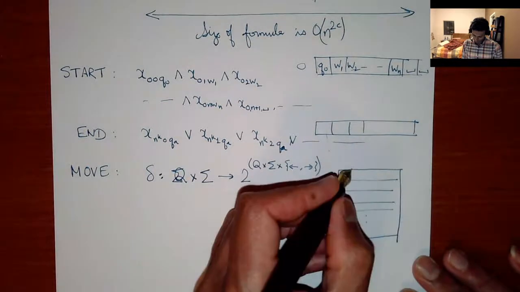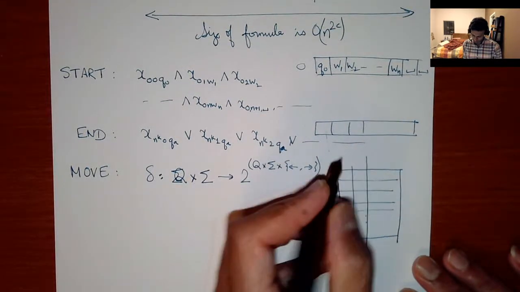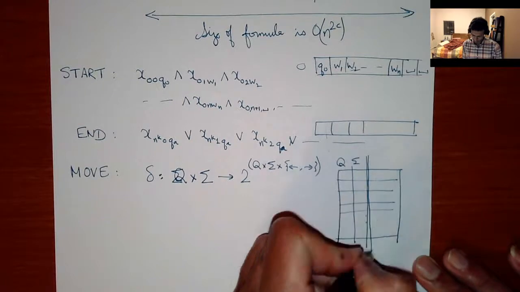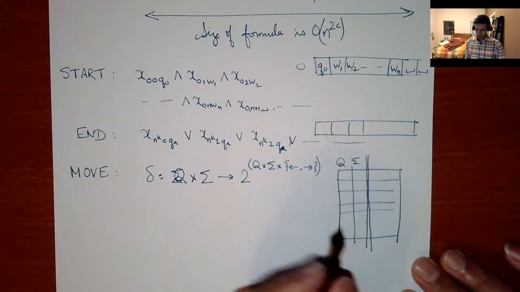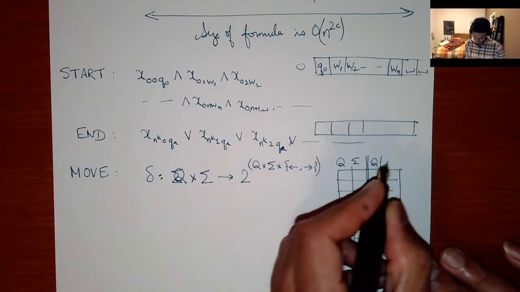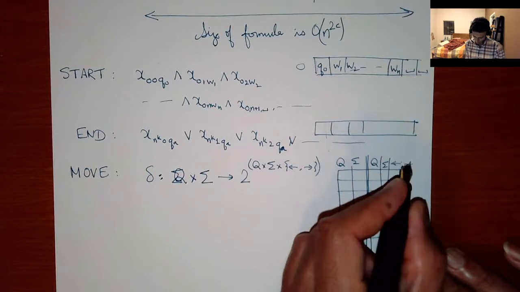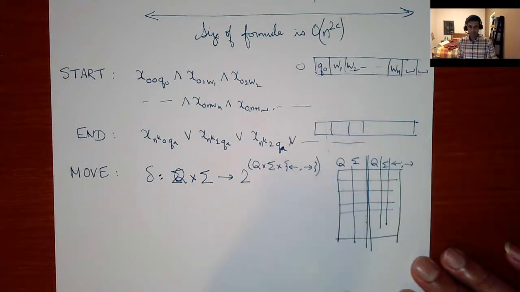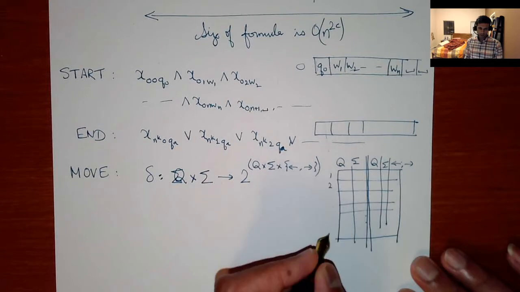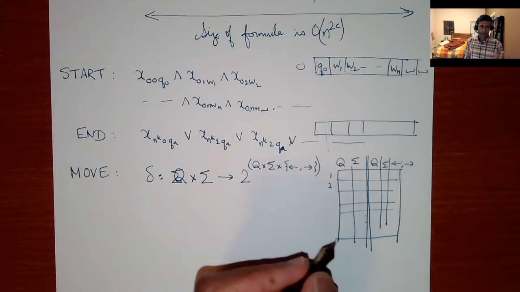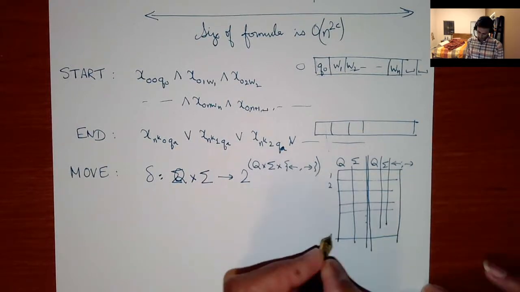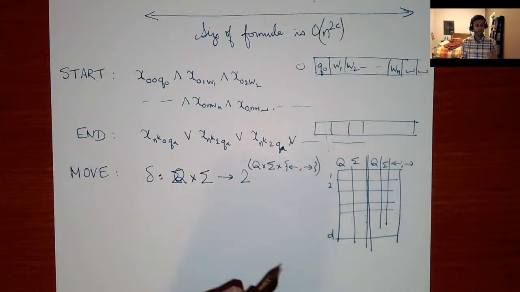So I could have a table which basically says what is q and what is sigma. That's what it starts off with, and then it goes to q, sigma, and then left or right. So I could just number these rules 1, 2. This is going to be some absolute constant. I'm just going to call that constant d. I'm just numbering the rules of the transition table y1 to d.